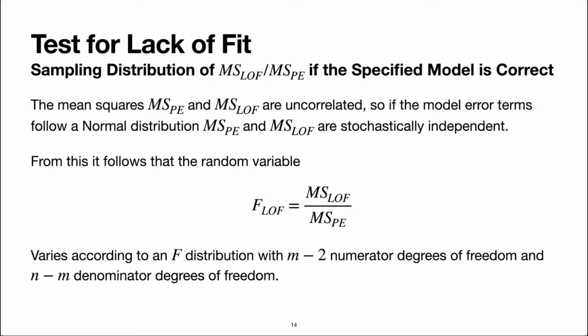And so because of that, it follows that this ratio, and this is a random variable, and we're going to call this F subscripted LOF, varies according to an F distribution with numerator degrees of freedom equal to m minus 2 and denominator degrees of freedom equal to n minus m.